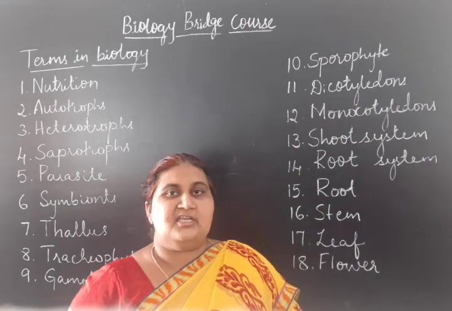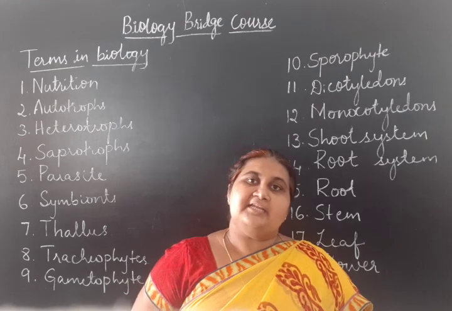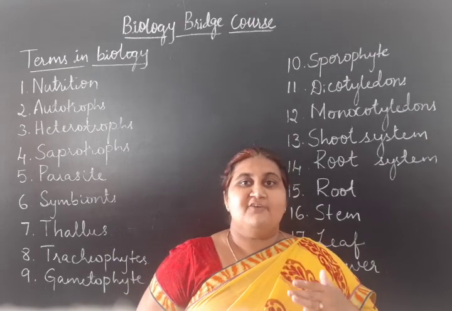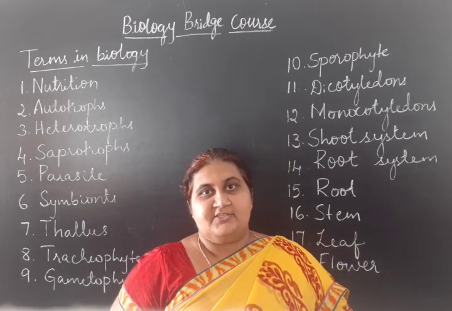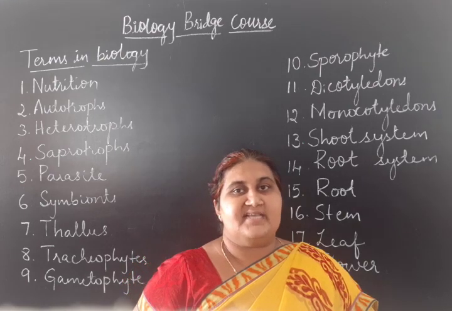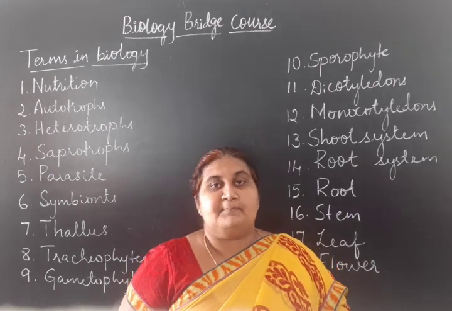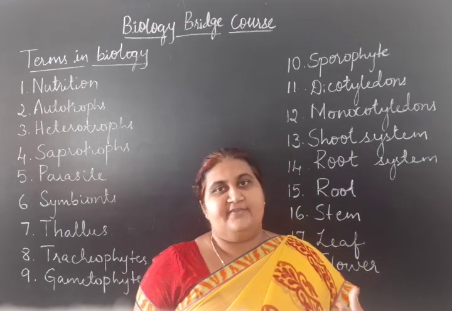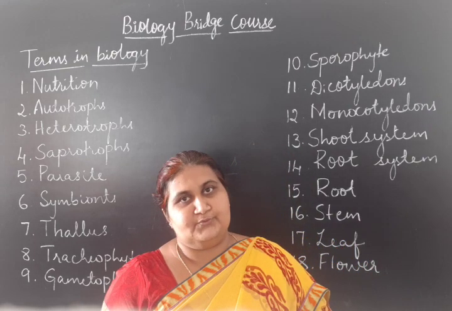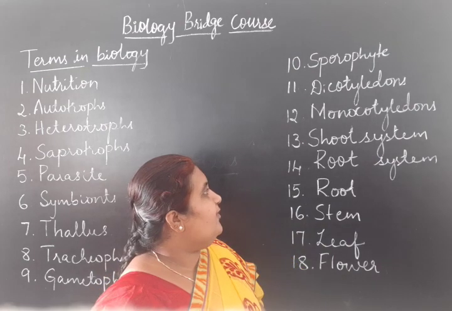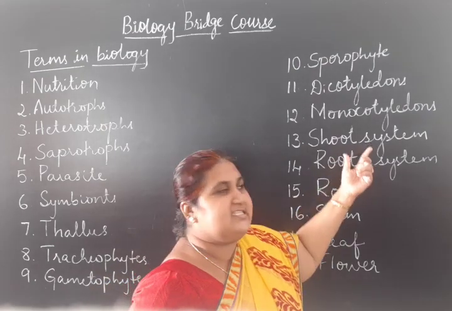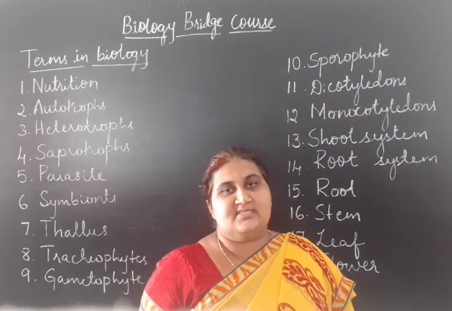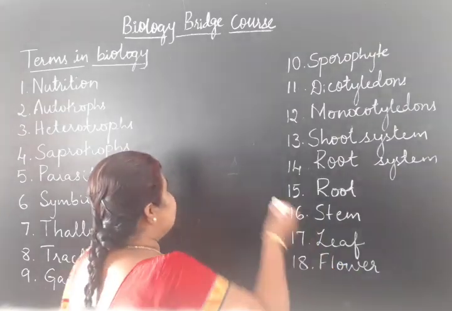Coming to the division angiosperm, it includes the flowering plants. So angiosperms are called flowering plants. The plant body has root, stem, leaves, flowers and fruits. The plant body is divided into shoot system and root system.